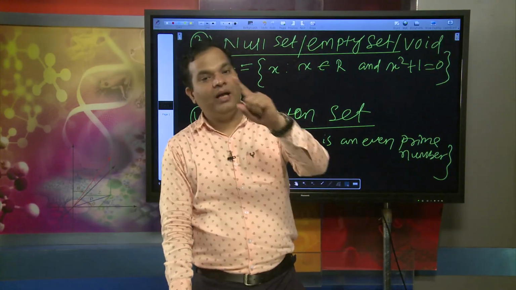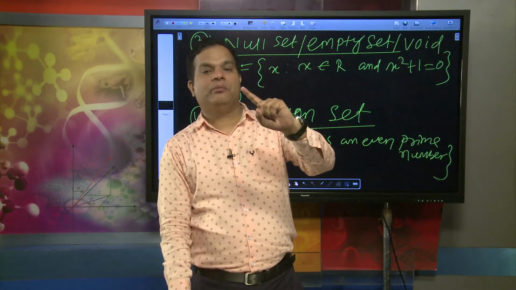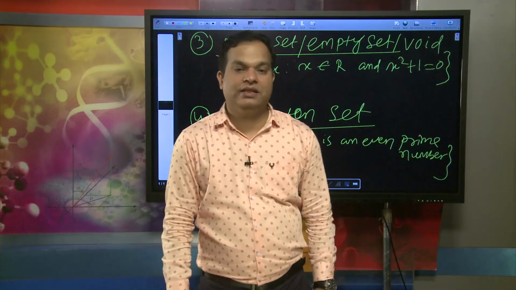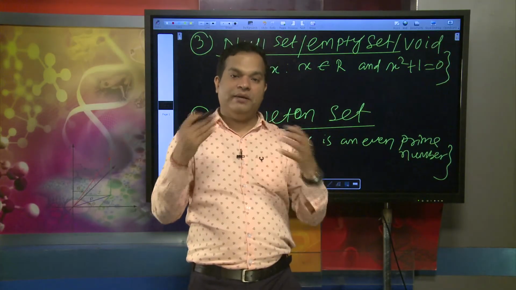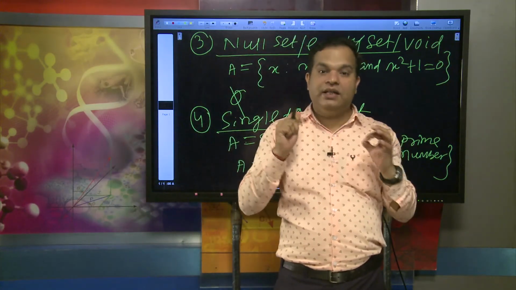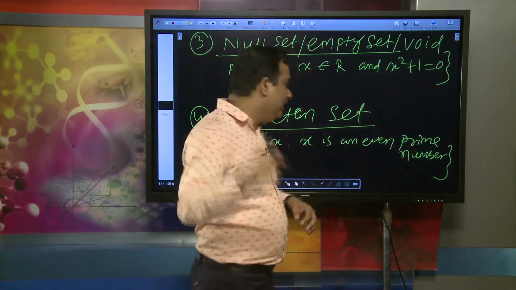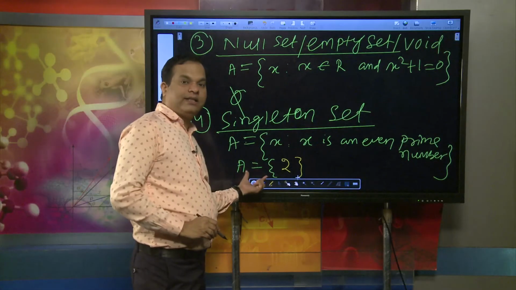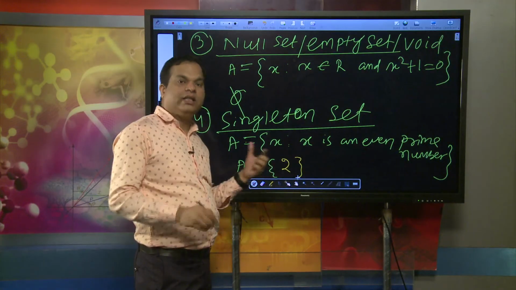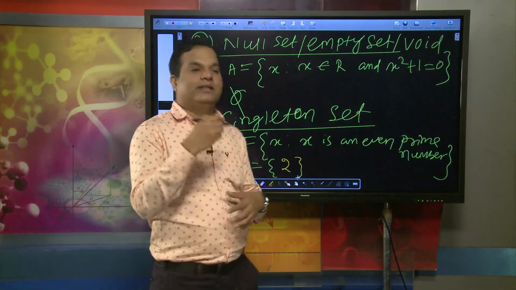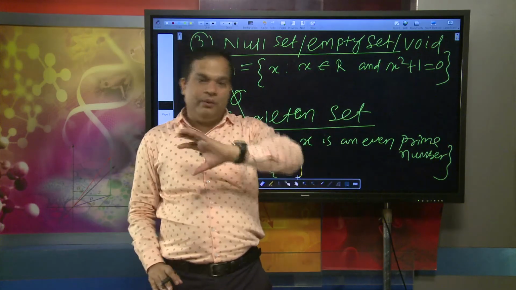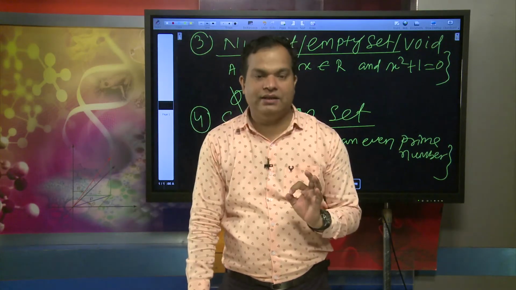You will find only one number, very unique, a beautiful part of mathematics, and that is 2. So the element is only 2, and we can say A is a singleton set. Singleton means in a set only one element is possible.